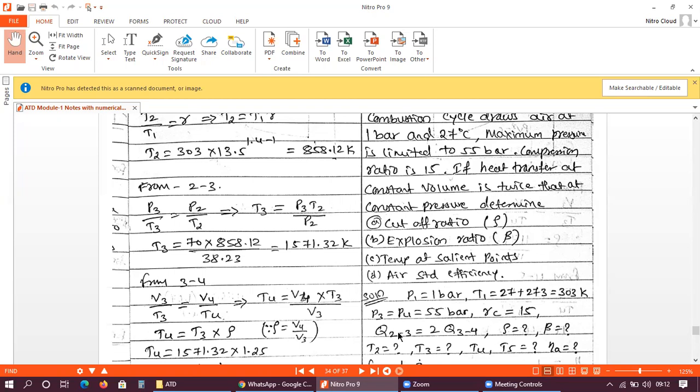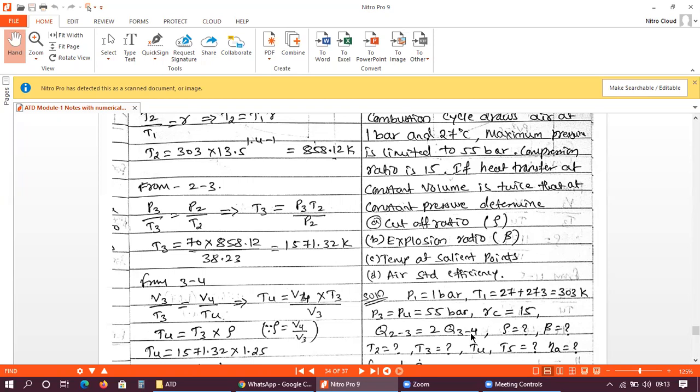Then the heat transfer during the process 2 to 3 is equal to 2 times the heat transfer during the process 3 to 4. So this condition is given. The heat transfer at constant volume is twice the constant pressure.